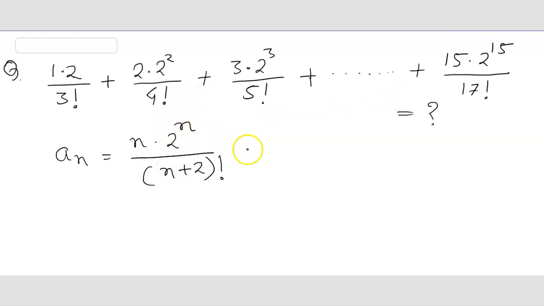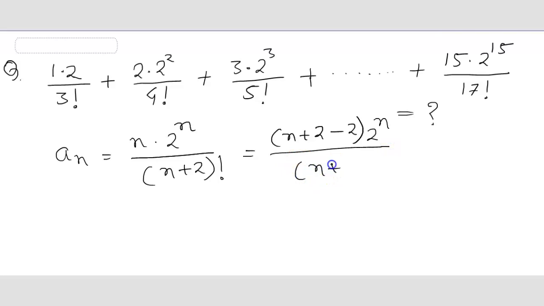Now we can make a little adjustment. We can write it like this, just adding 2 and minus 2.